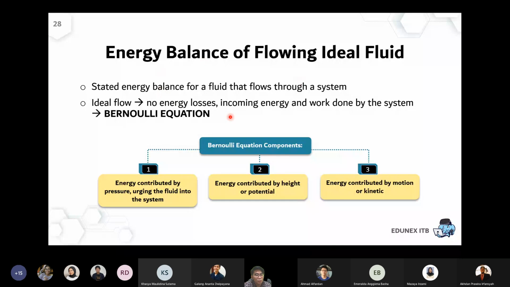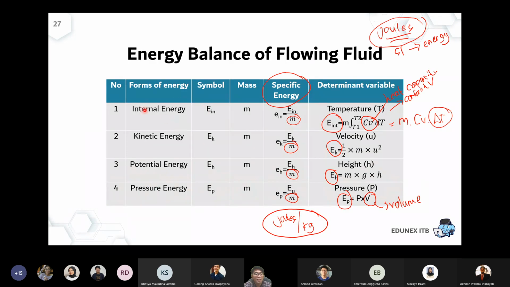Okay, these are the three assumptions of the Bernoulli equation. So it's a very ideal fluid flow. Because there is no energy loss, no work done, and no energy inputted to the system, there is no internal energy change.